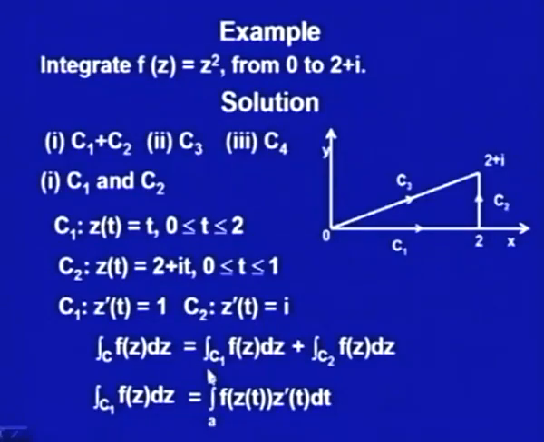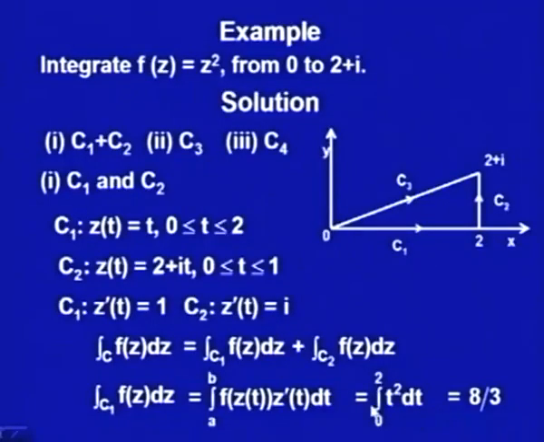By definition it is the integral from a to b of f(z(t)) z dash t dt. Here z(t) is t, so z square would be t square, and z dash t is 1, so I would get simply dt. Its integral is simply 8 by 3, because t cube by 3 evaluated from 0 to 2 gives me 8 by 3.